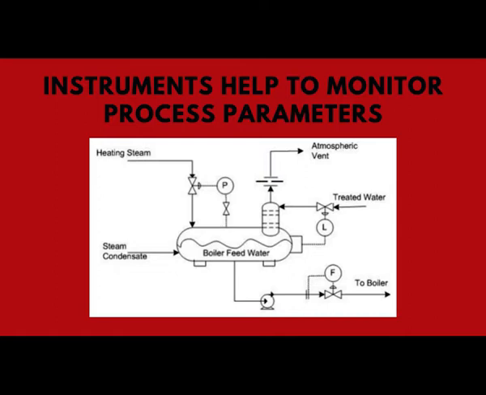There are three control valves and three different instruments. One is the flow instrument, which is regulating the water going to the boiler, and then a level controller is regulating the flow of the water, and the pressure of the drum is controlled by the flow of the steam. So, this is how the process parameters are monitored as well as regulated, and this is one of the simple examples. Now, let us try to understand what is known as open loop and closed loop in instrumentation.